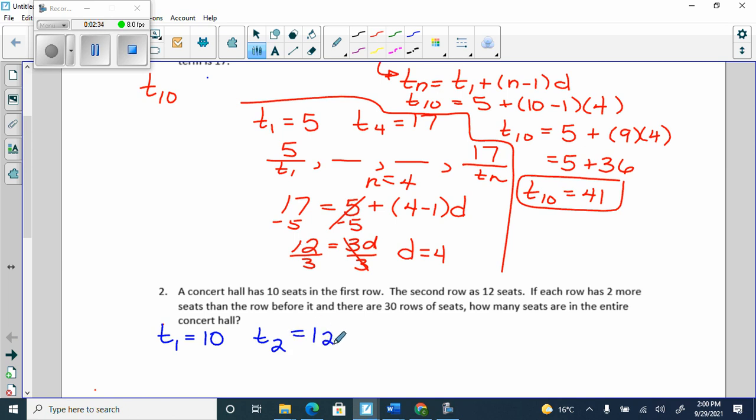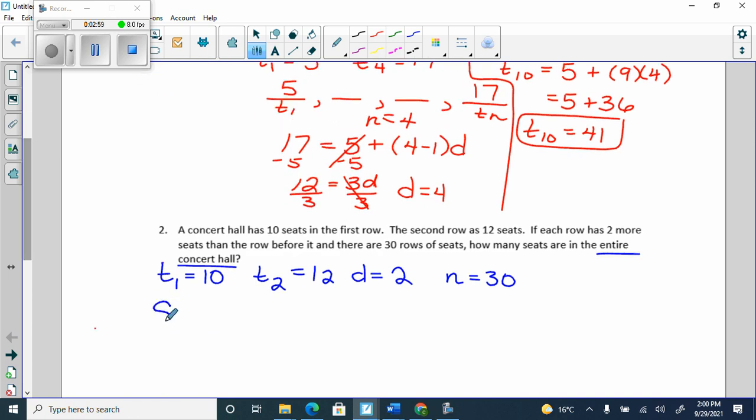If each row has 2 more seats than the row before, they gave me d. And there are 30 rows of seats, so n equals 30. How many seats are there in the entire concert hall? So they're looking for S, right? Sum. So we're doing S30.